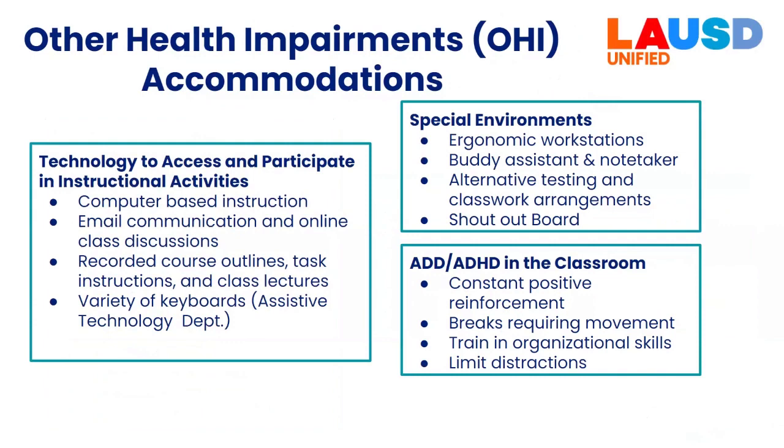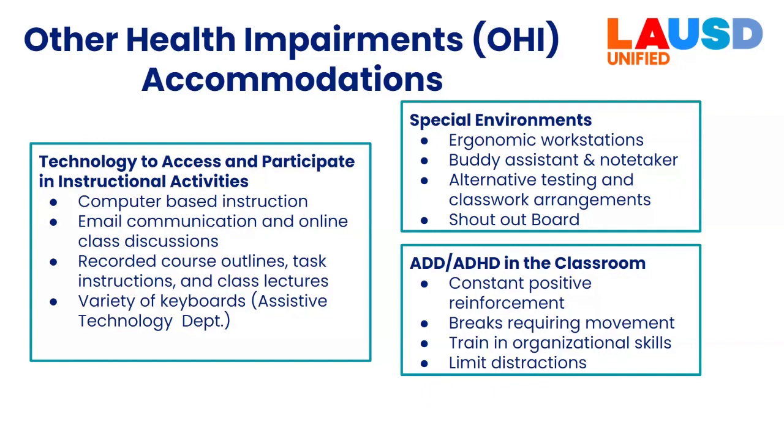Here is a list of possible accommodations you might find for students with OHI. With the case of assistive technology, the IEP will note if a student has been prescribed assistive technology, or AT. Schools that have students requiring AT have assistive technology assessors assigned to their school. If you have any questions about assistive technology equipment, reach out to the student's case manager so that they can contact the assessor.